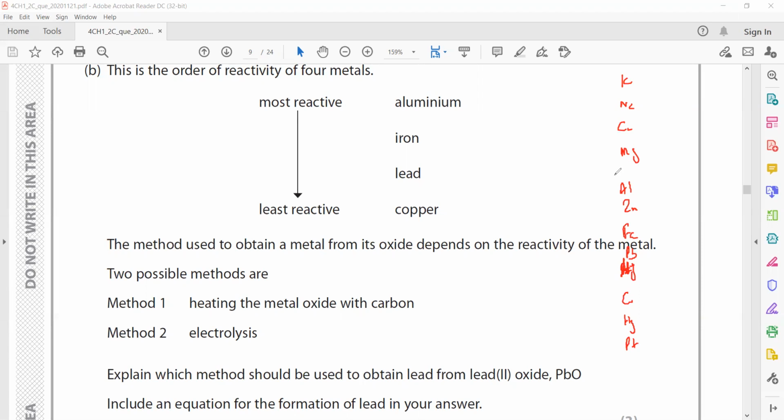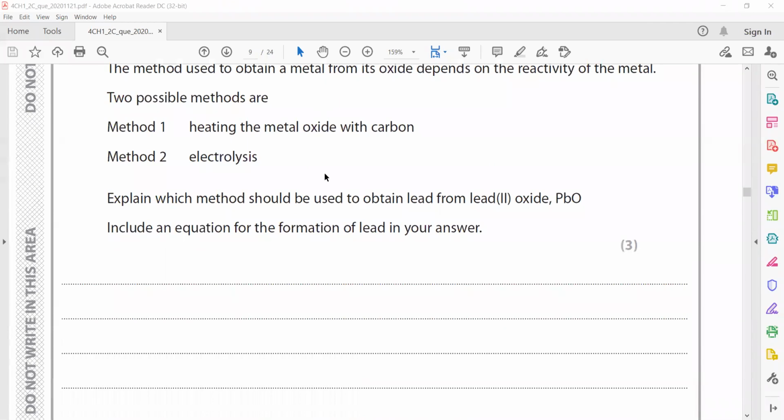When you check the position of carbon, it is below aluminum, so it can displace iron from its oxide, lead from its oxide, or copper from its oxide. So explain which method should be used to obtain lead from lead oxide. We should use carbon, or heating with carbon. Why?